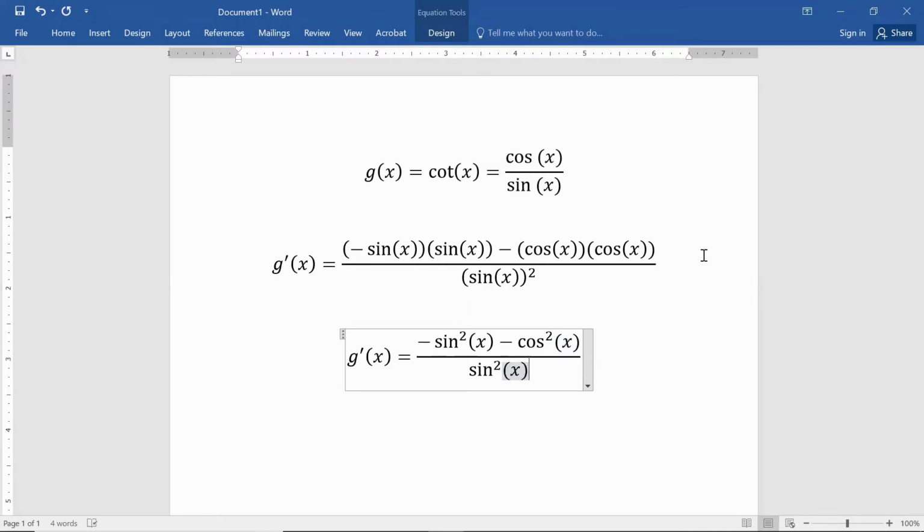Once again, I can use the identity that says sine squared plus cosine squared equals 1 to say that negative sine squared minus cosine squared should be negative 1. So this derivative is the fraction negative 1 over sine squared of x, which is simply negative cosecant squared of x.